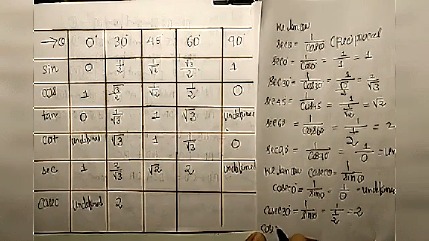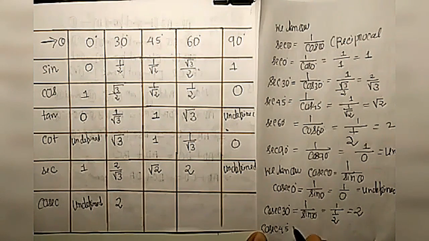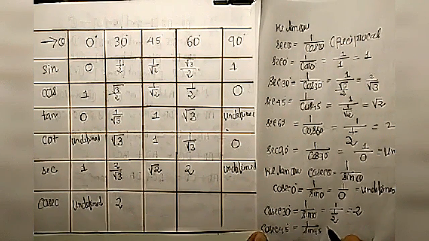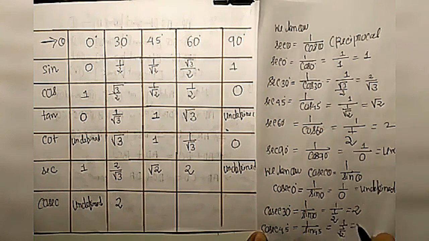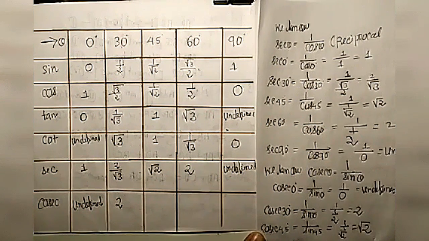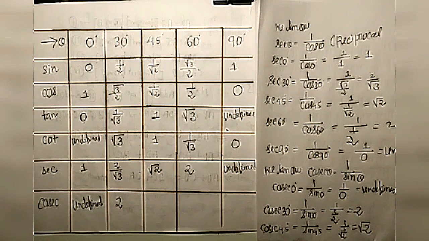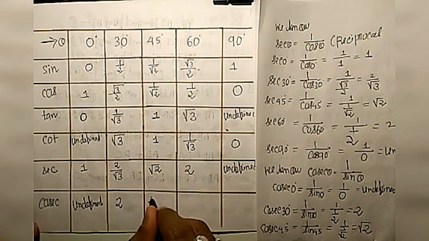So next, cosec 45 degree is 1 by sine 45. So 1 by sine 45 means 1 by 1 by root 2, which is equal to root 2. So cosec 45 is root 2.